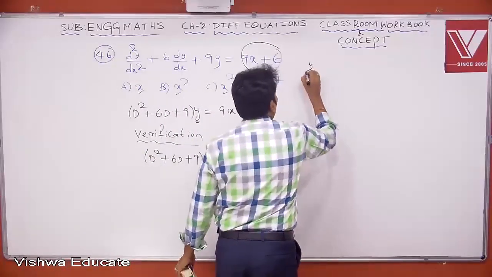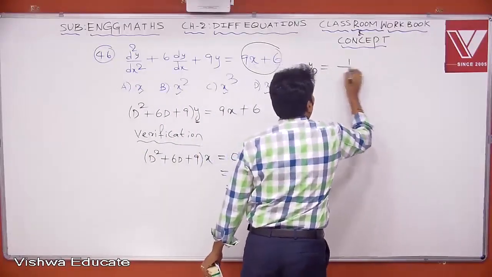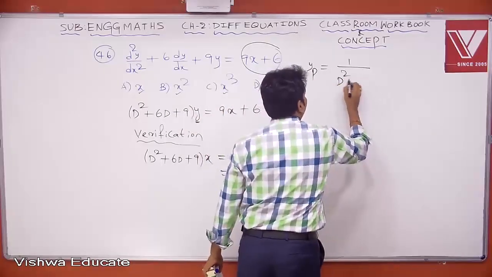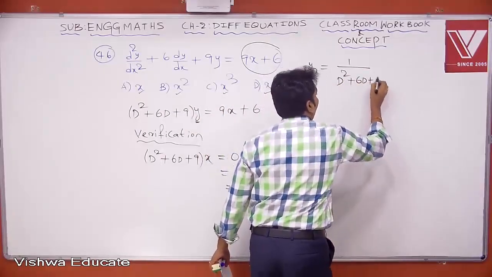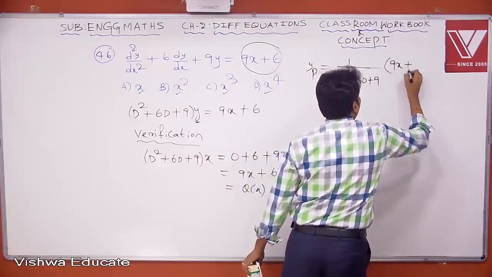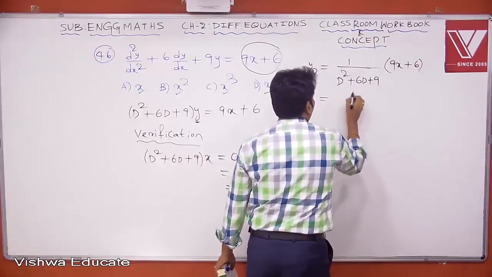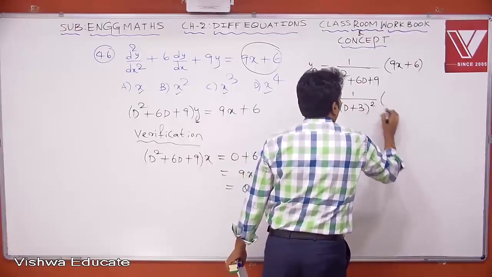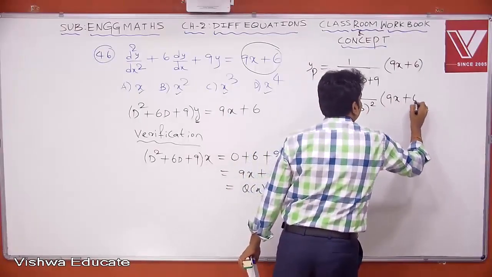The particular integral yp equal to 1 by f of D. Now this expression is D square plus 6D plus 9 of Q of x. This is 9x plus 6. Now this denominator part is nothing but D plus 3 whole square of 9x plus 6.